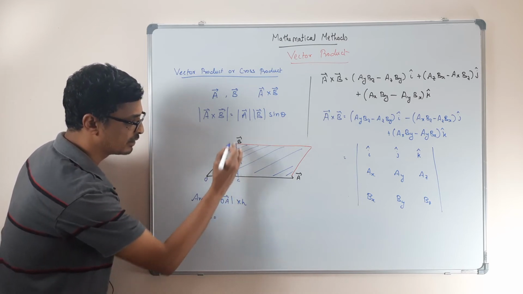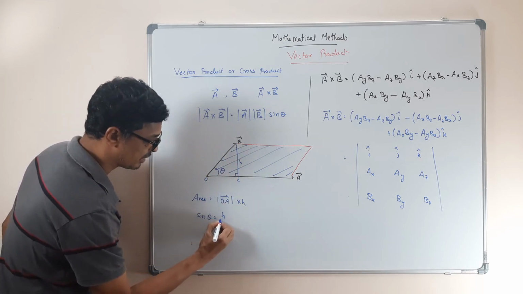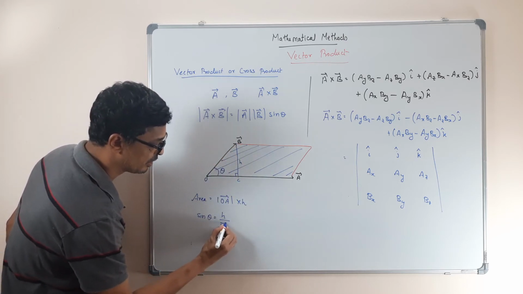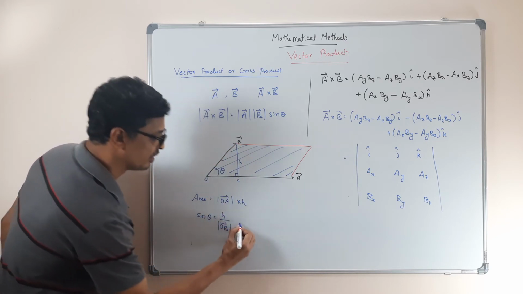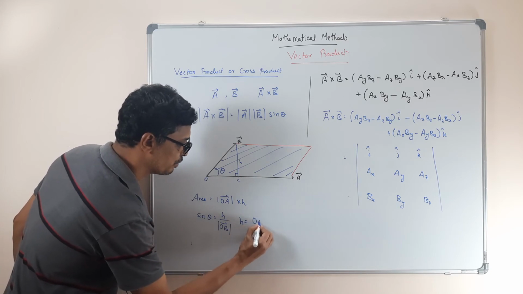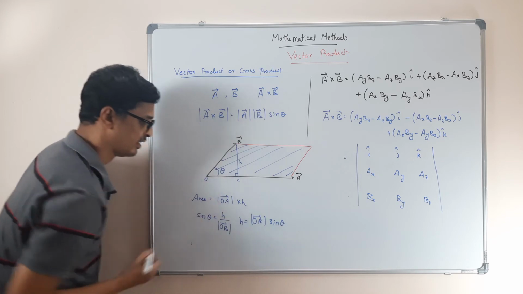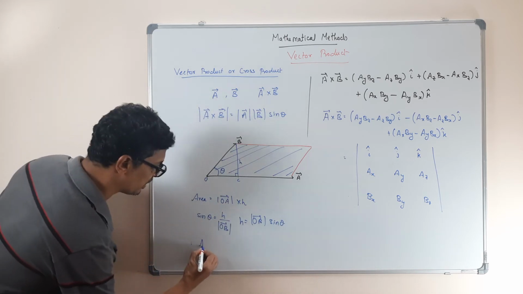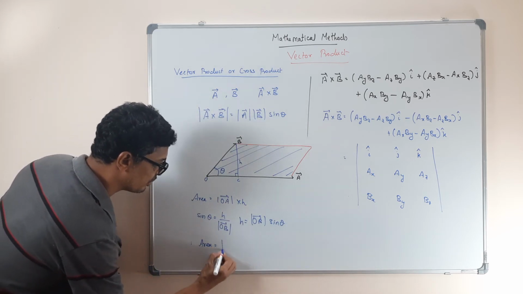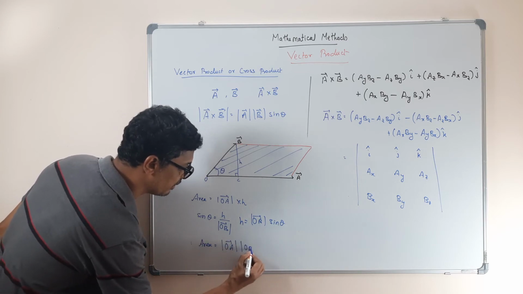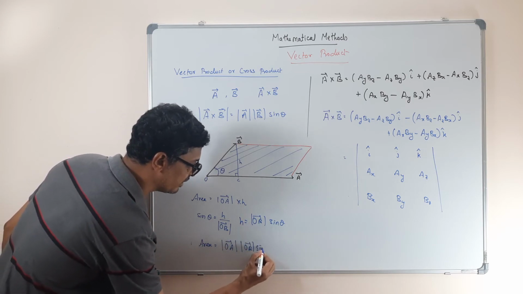Opposite side, that is H divided by OB. So H is equal to OB sine theta. So the area is equal to what? OA vector into OB vector into sine theta.